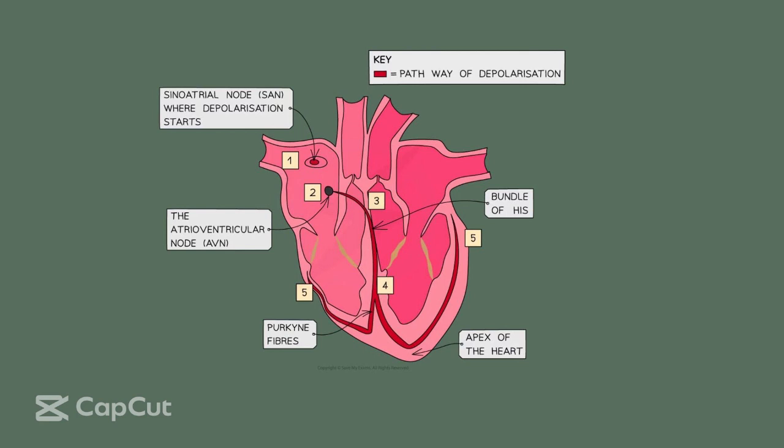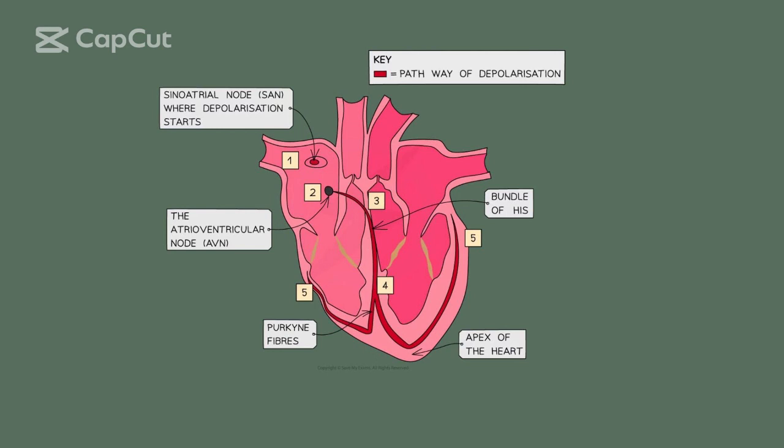And when the signal reaches the Purkinje fibers, this is what causes the ventricles to contract, emptying them. They're full of blood from the atria. The ventricles then contract and the blood moves out, either up through the aorta or through the pulmonary artery.